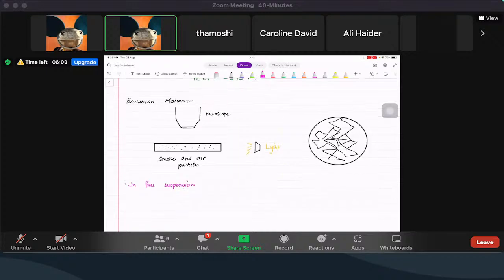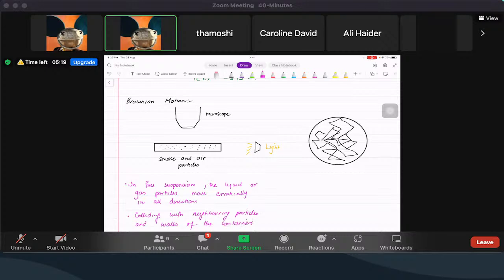In free suspension, the liquid or gas particles move erratically in all directions, colliding with neighboring particles and walls of the container.